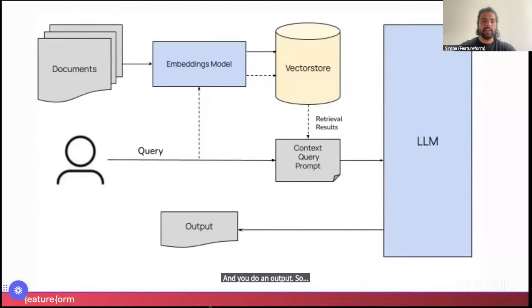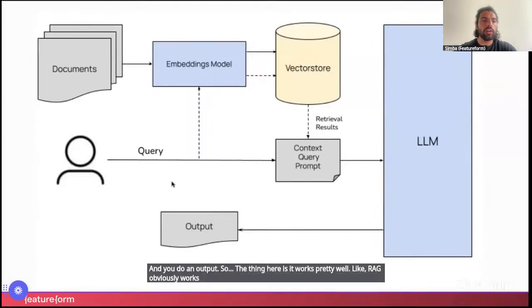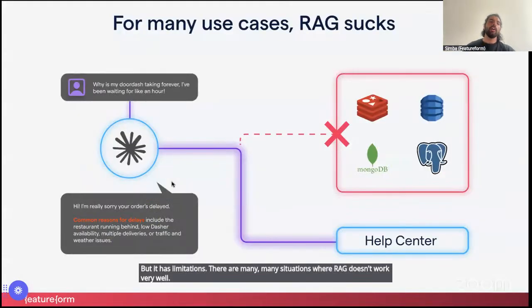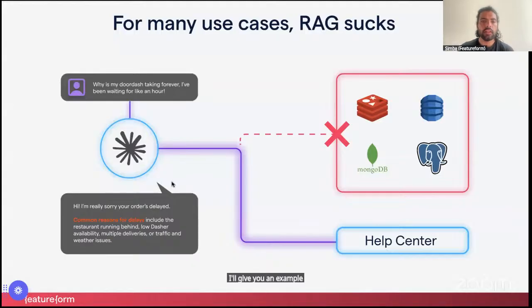The thing here is it works pretty well. RAG obviously works really well, but it has limitations. There are many, many situations where RAG doesn't work very well. I'll give you an example. Let's say we were building RAG for something like Amazon.com or DoorDash.